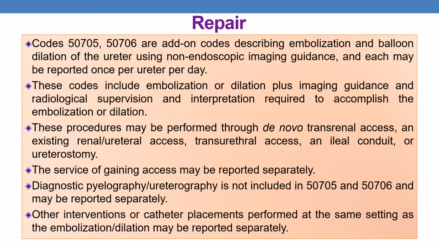And the service of gaining the access may be reported separately. Similarly, diagnostic pyelography or ureterography can be reported separately. And other interventions or catheter placements performed at the same setting as the embolization or dilation can also be reported separately because they are not included.